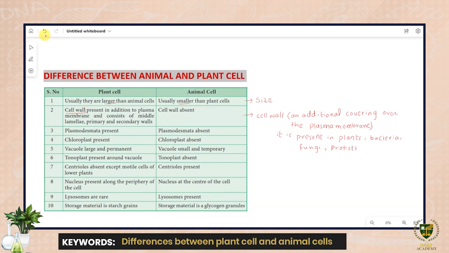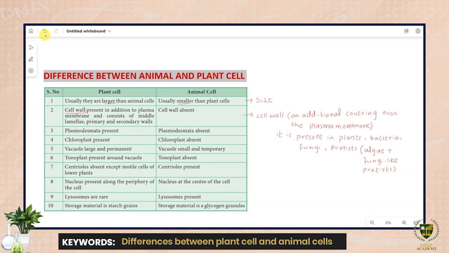And dear students, which protists have it? One of them is algae, the plant-like protists, plus the fungus-like protists. They possess the cell wall, while in animals this is absent. Clear?